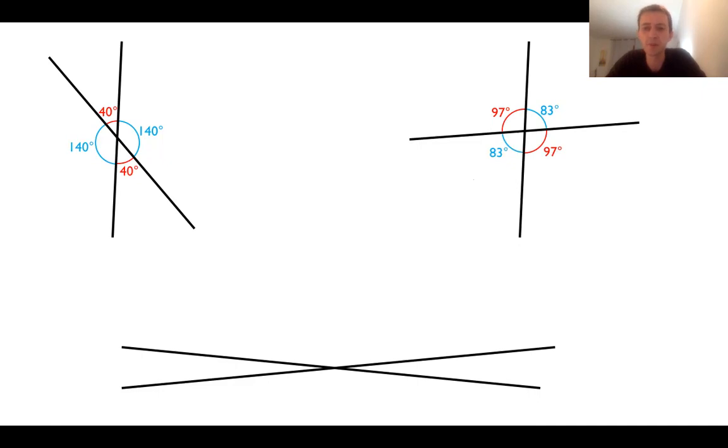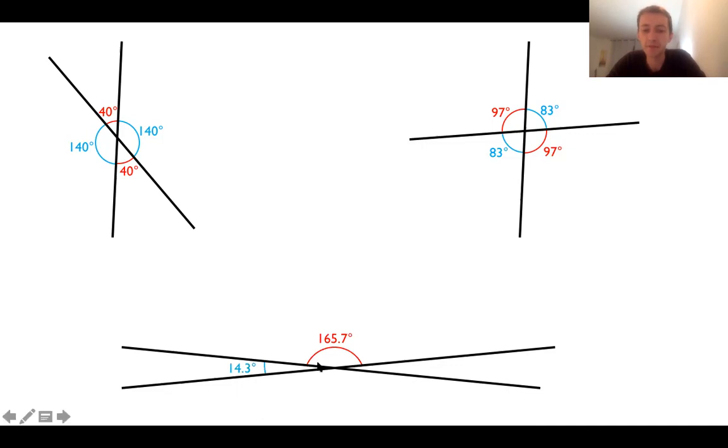Okay, one more example here. This is a pretty flat intersection, and this is a pretty big angle, 165.7 degrees. Don't be afraid of the decimal. It's not going to change what we do here. You're still going to figure out, what do I have to add to this to get the straight line, 180 degrees? Well, it's going to be 14.3 degrees.